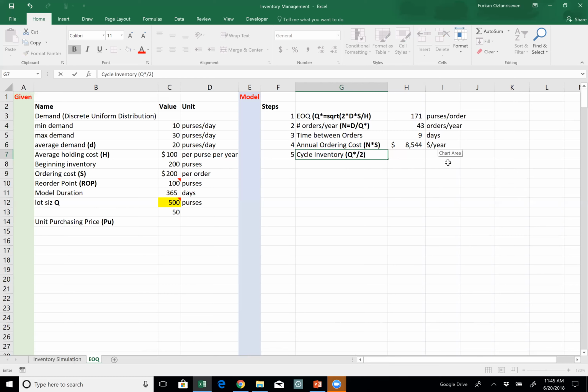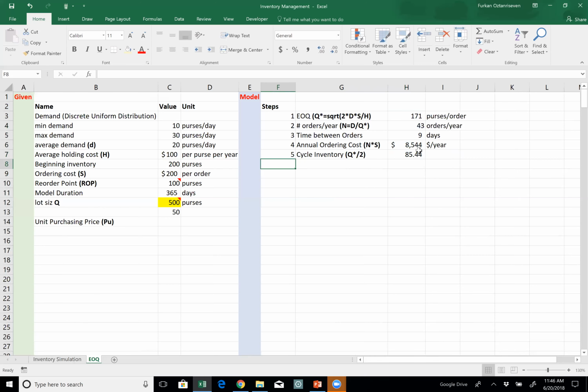The reason is that Q star is the economic order quantity, and if I divide that value by 2, that would show me on average how much inventory do I have. Okay, so Q star divided by 2, let's calculate that.